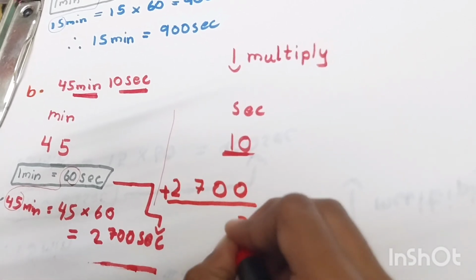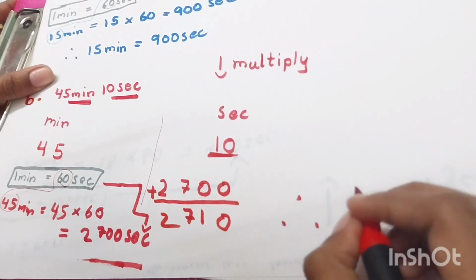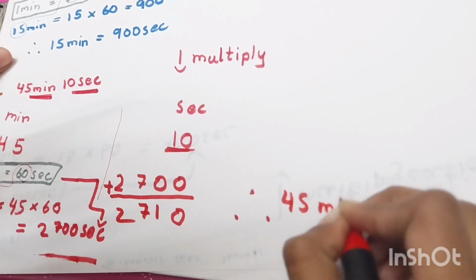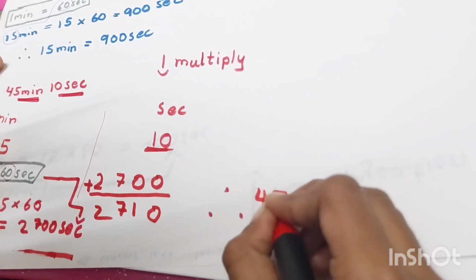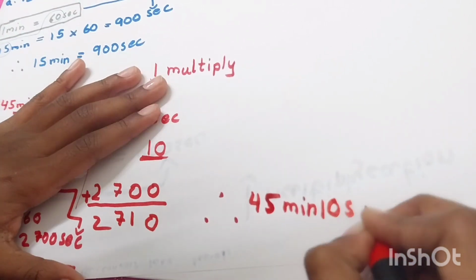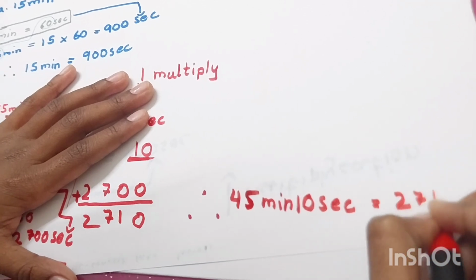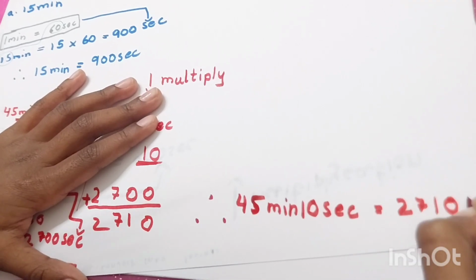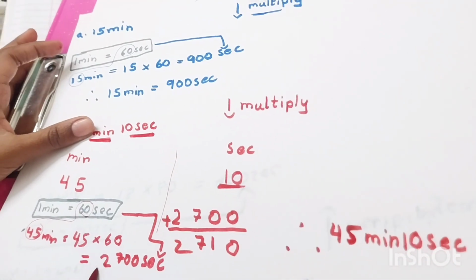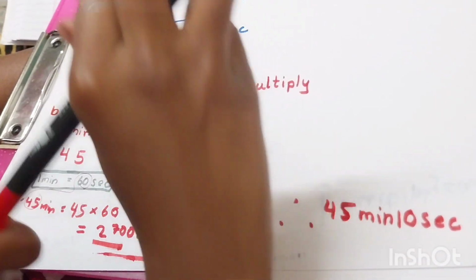So 45 minutes 10 seconds equals to 2710 seconds. Before that, you should write the 2700 as the middle value, not the final value.